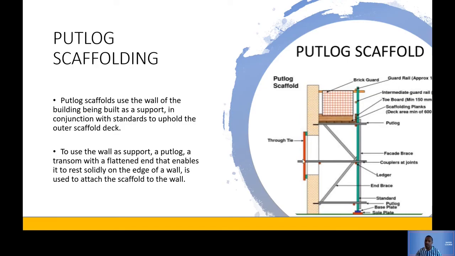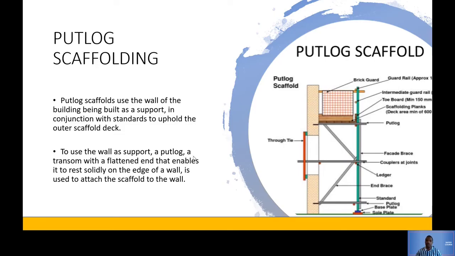And there's a connection between the wall and the scaffolding. As you can see, there's a through tie that connects the scaffolding to the building for extra support. So here it says to use the wall as support.